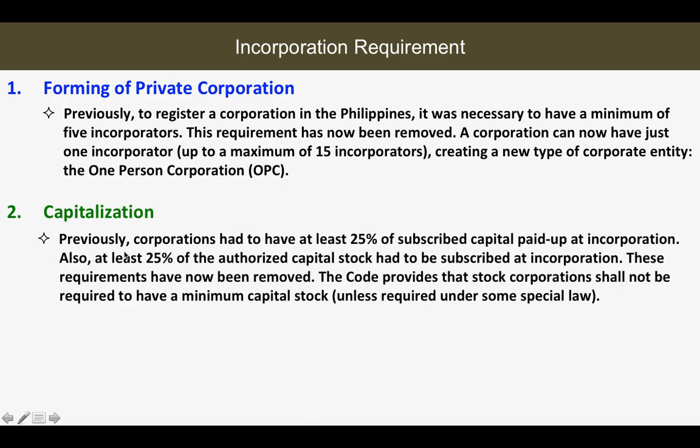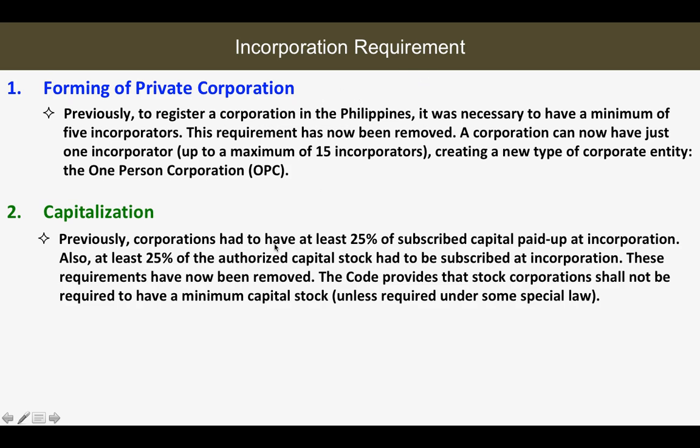Okay, previously corporations have had to have at least 25% of subscribed capital paid up at incorporation. Also, at least 25% of the authorized capital stock had to be subscribed at incorporation.